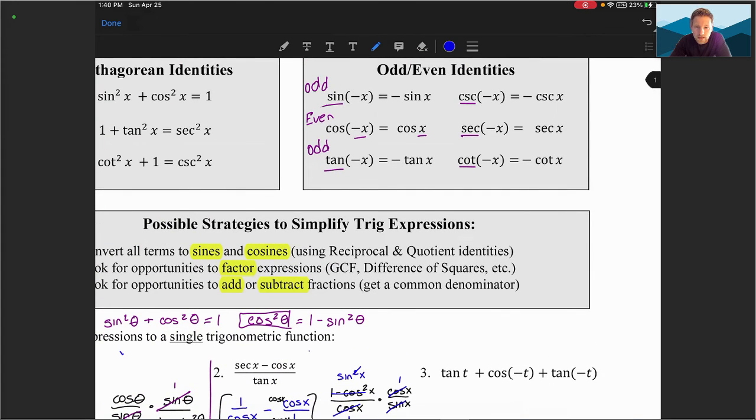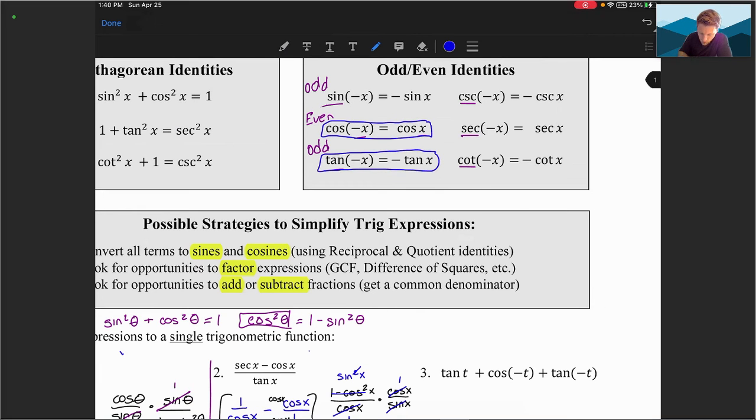We'll notice that the cosine function we said before is an even function. So we have a nice identity to work with there. And our tangent function is the odd function. So the tangent we know is odd. So tangent of negative x, or negative t for that matter, will be negative tangent of x or t.